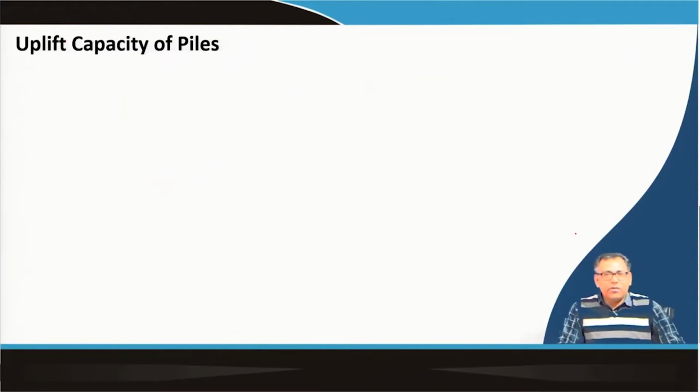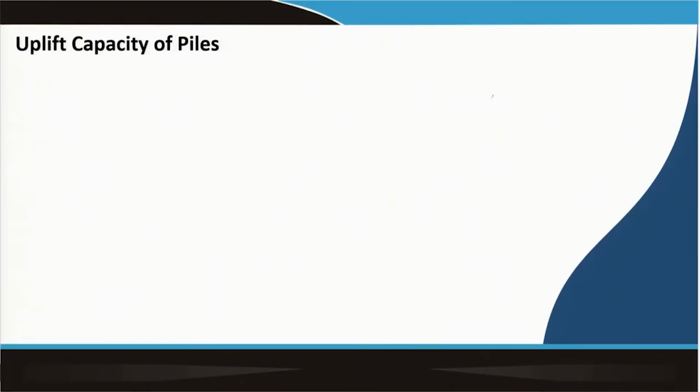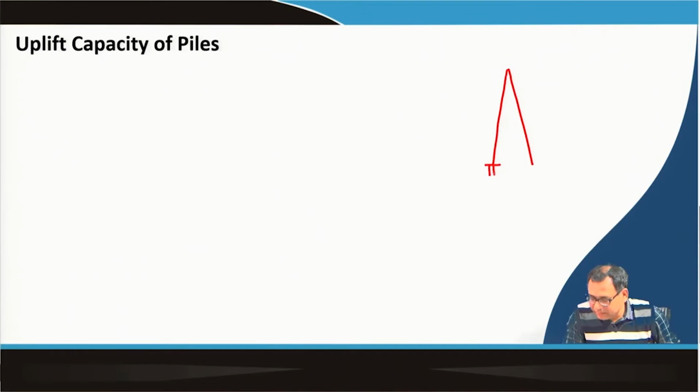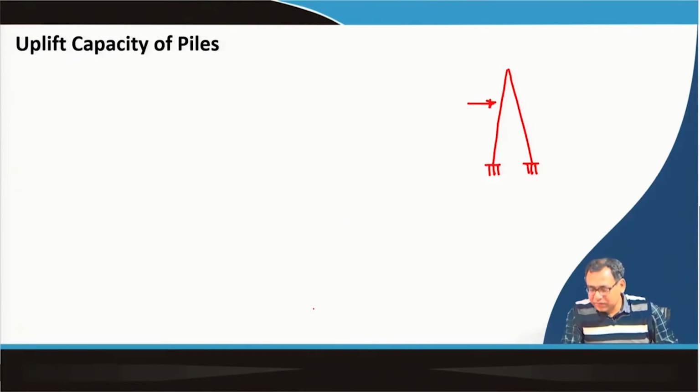Okay. So, as I mentioned, the pile can be under uplift load also, for example when the pile supports a transmission tower. Suppose this is a transmission tower and this is the pile, and when there is wind force acting in this direction, it will try to rotate this structure.